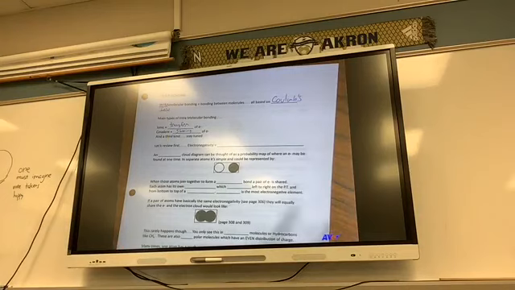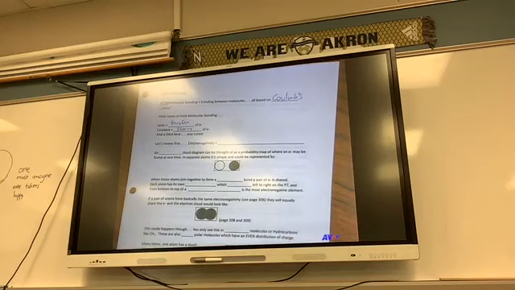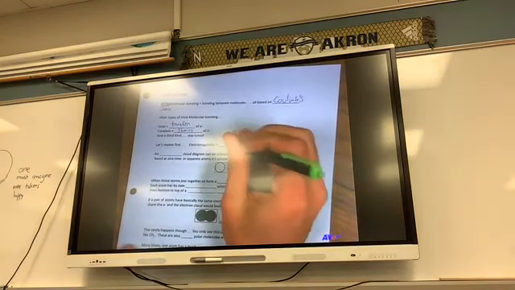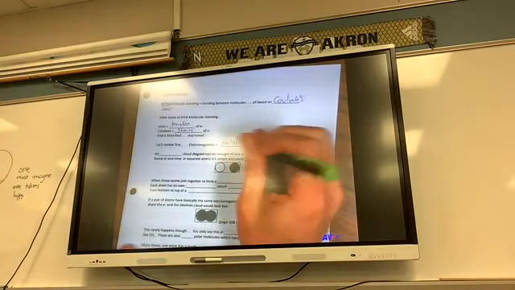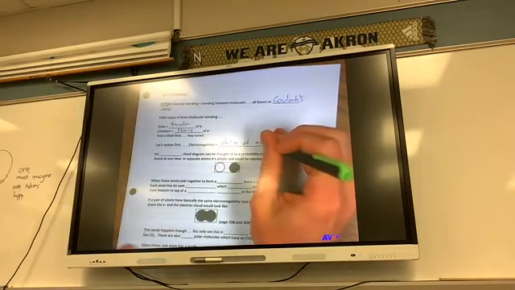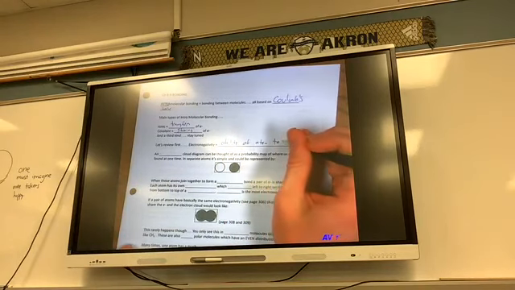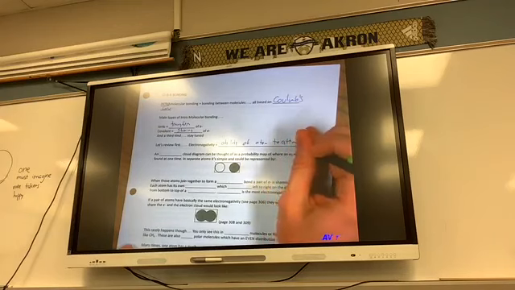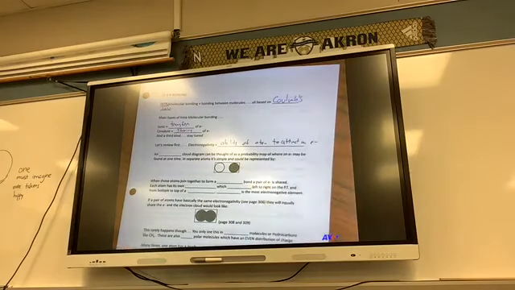All right? So first, let's review what is electronegativity. This is the ability of an atom to attract an electron. So, electronegativity is going to be kind of important for these first couple examples.